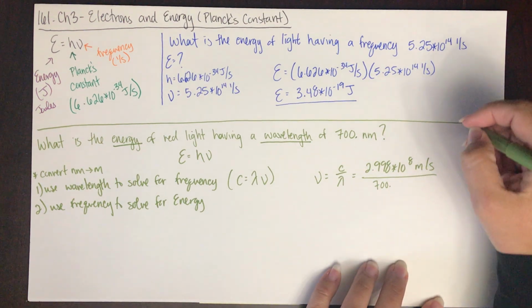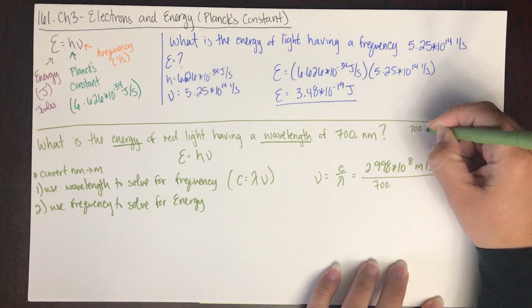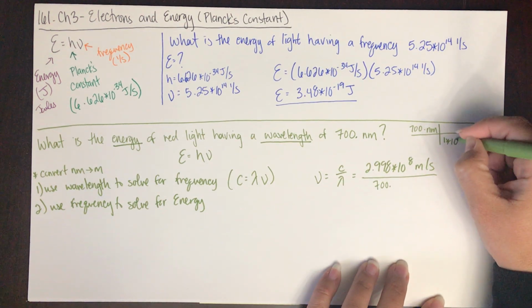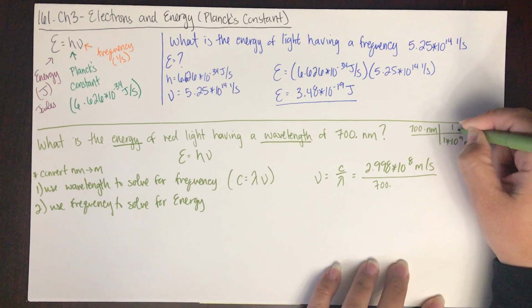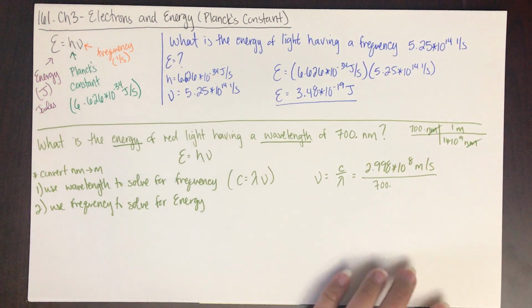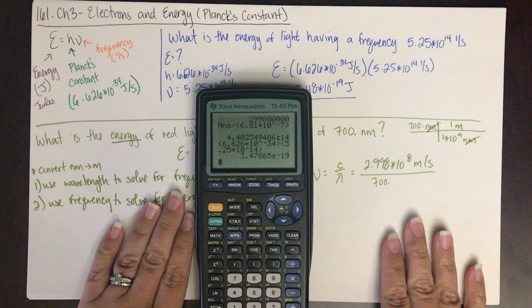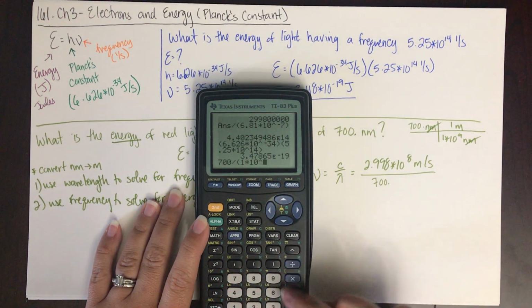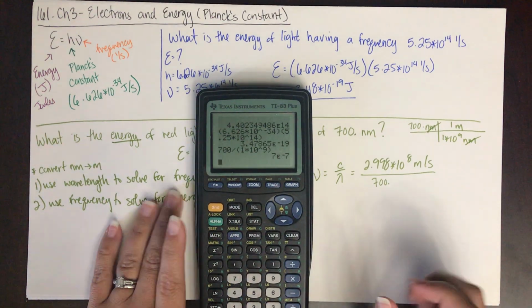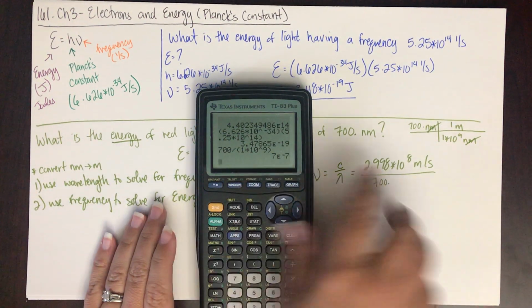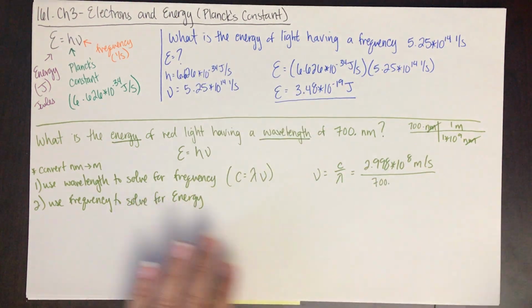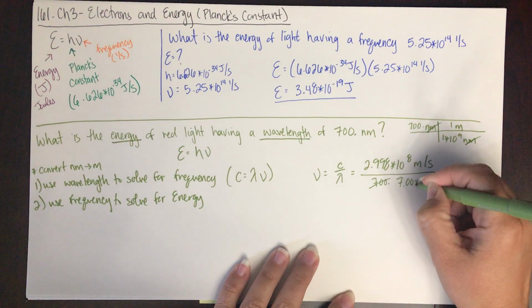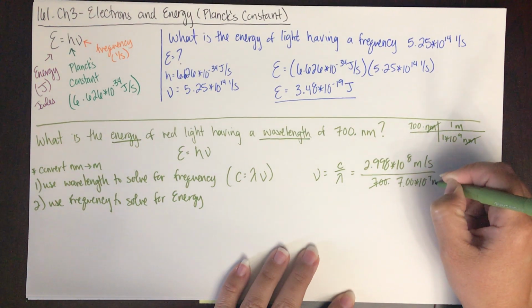So let's just do that up here. 700 nanometers converted to meters. There's 1 times 10 to the 9th nanometers in 1 meter. So 700 divided by 1 times 10 to the 9th is 7 times 10 to the negative 7th, but it still needs 3 significant figures. So I'm going to say 7.00 times 10 to the negative 7th meters.